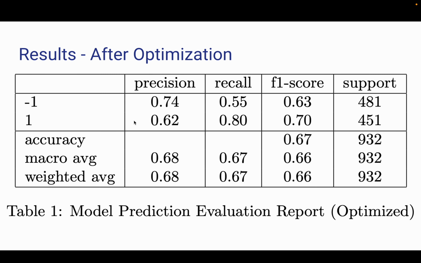After parameter optimization, the model's accuracy improved significantly, from 60 to 67%. Interestingly, the precision pattern reversed. Now the model's precision for downward trends increased dramatically to 74%, while the upward trend precision decreased to about 62%.